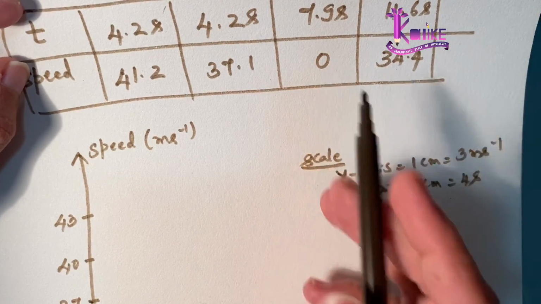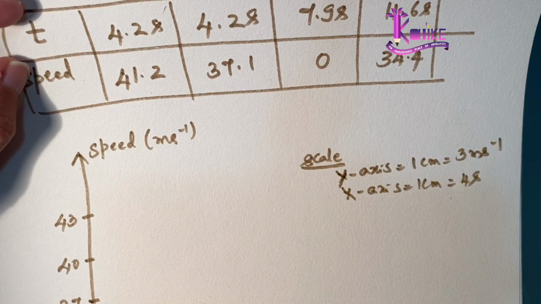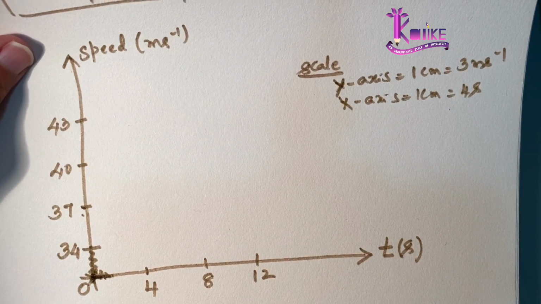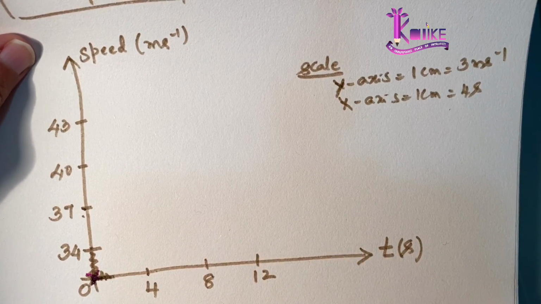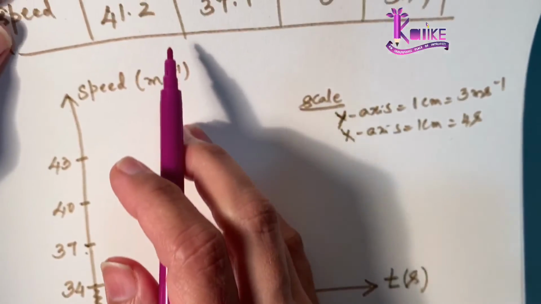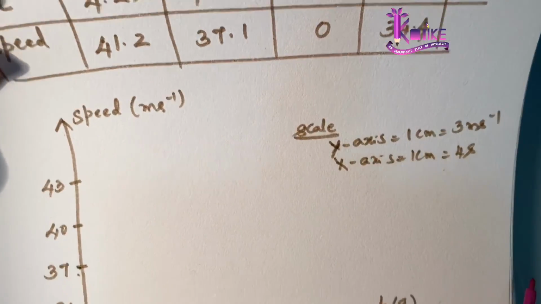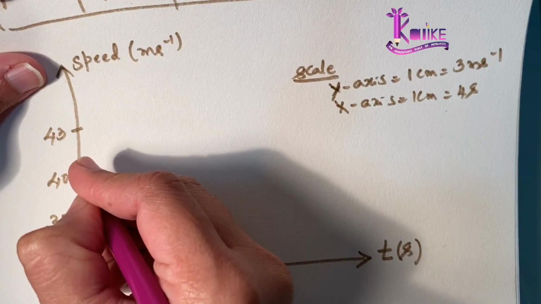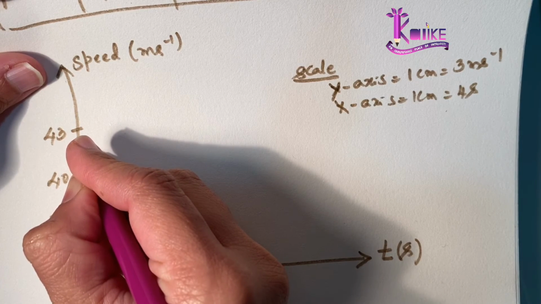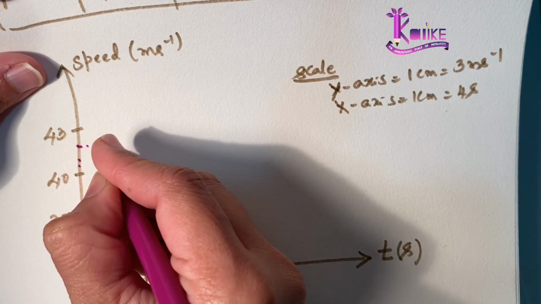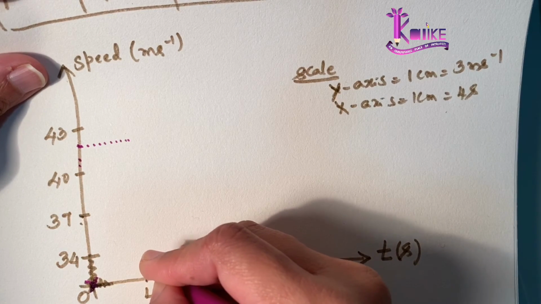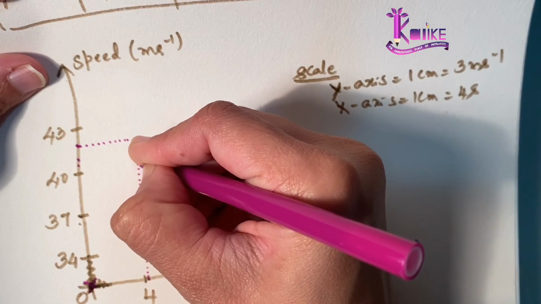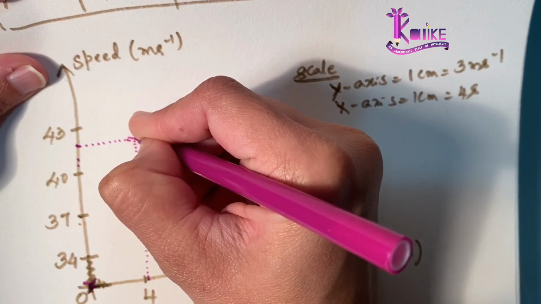Let us just plot. Okay, now at 0 it was 0, so you have 1 point here certainly. Right, at 0 it was 0, then at 4.2 seconds it was 41.2, so 4.2 is somewhere here. So this is 40, 41, let's say 42 will be somewhere here. So this will be your point.